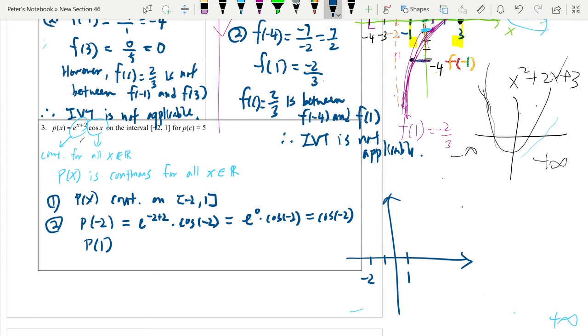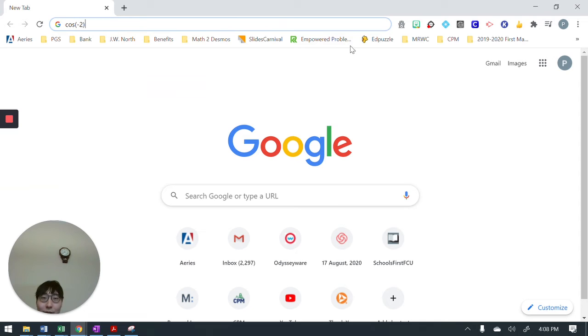What the heck is cosine of negative 2, though? How do you find that? That's where we need a graphing calculator, or you can use a Google calculator for now. I'll show you both ways.